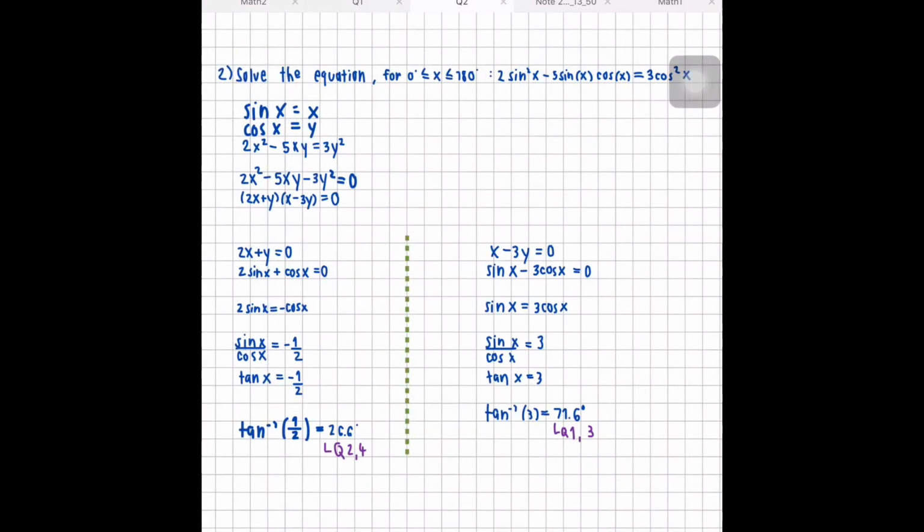For number 2, it asks to solve, for 0 less than or equal to x less than or equal to 180, the equation 2 sine square x minus 5 sine x times cos x equal to 3 cos square x. First, we have to set the variables to make it easier to do.